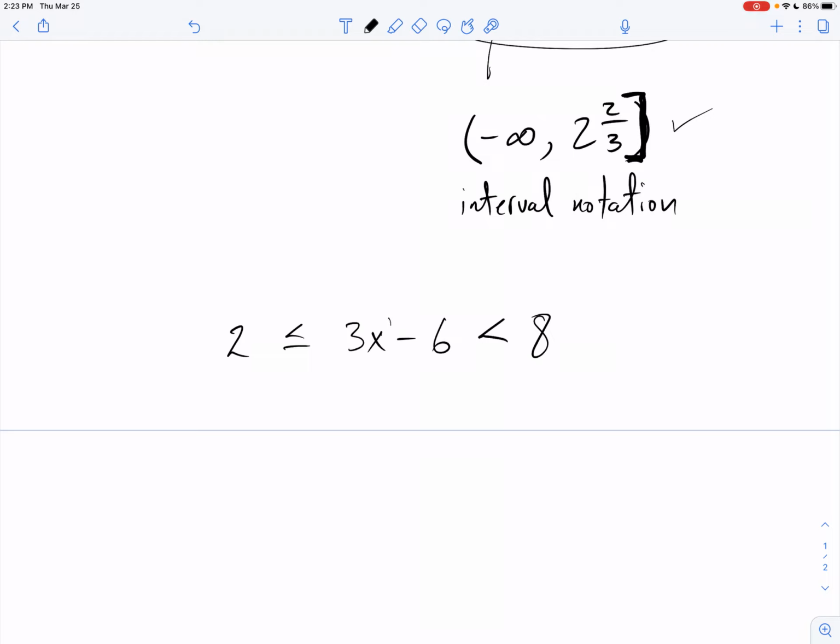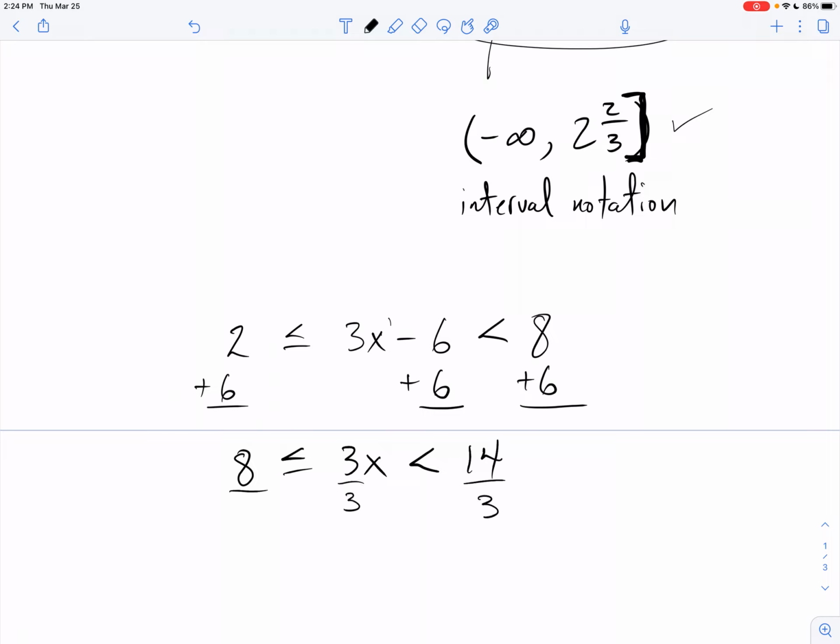So I would say, hey, I'm going to have to get the x by itself, so I'm going to add 6. But since it's double-sided, I'm supposed to add 6 to both sides. I'd end up with a statement of 8 is less than or equal to, now I have 3x in the middle, and over here I'd have 14. But I don't have x by itself yet. I would then divide. And if I divide one side, I'd divide both sides.